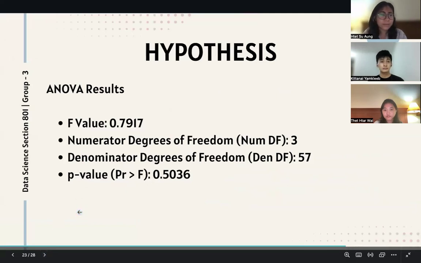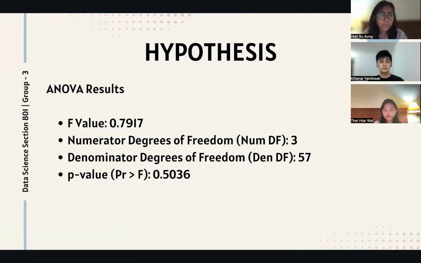As we have calculated with ANOVA, we have these results. The F value is 0.7917. The numerator degrees of freedom, the degrees of freedom between groups, is k minus 1. We have 4 groups, semesters 1, 2, 3, 4, so 4 minus 1 is 3.